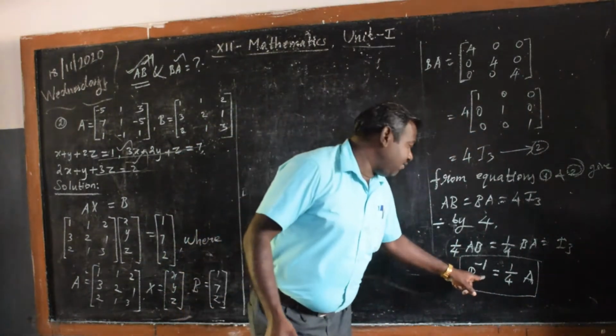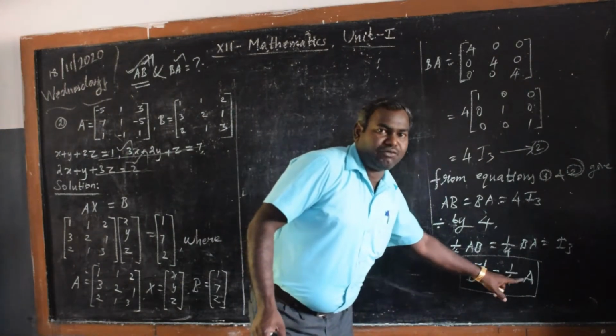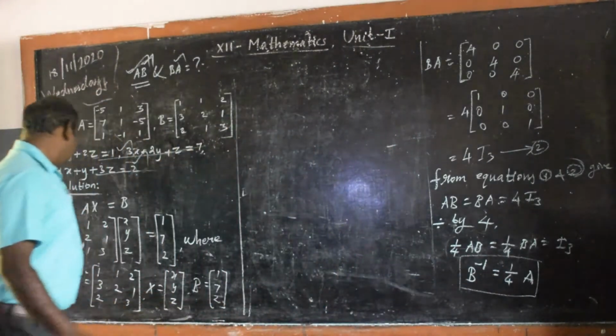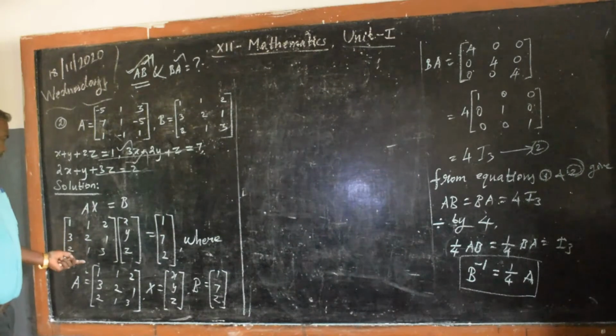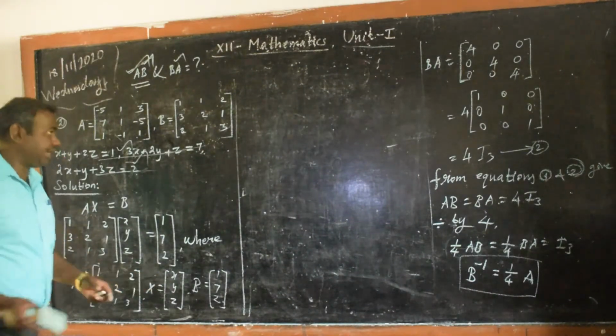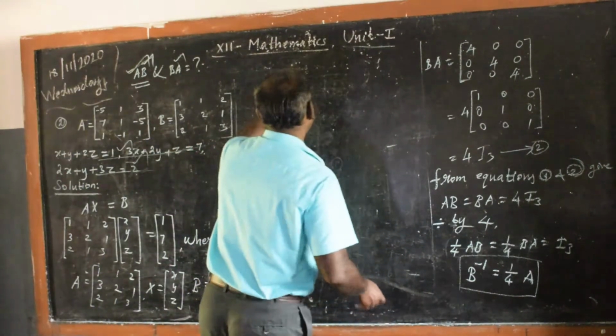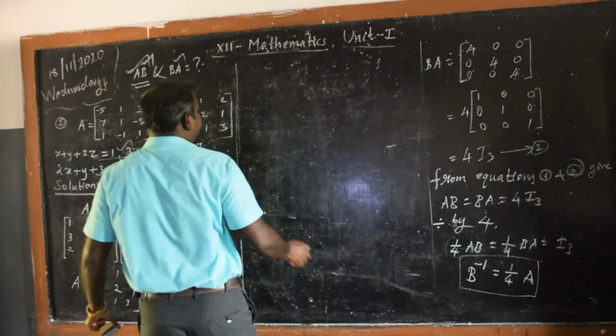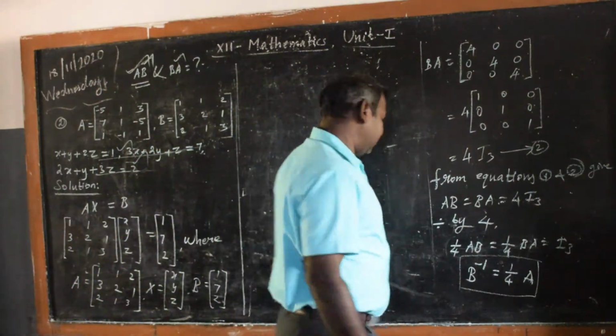Then the value of B inverse equal to 1 by 4 into A. To find the value of x, y, z.